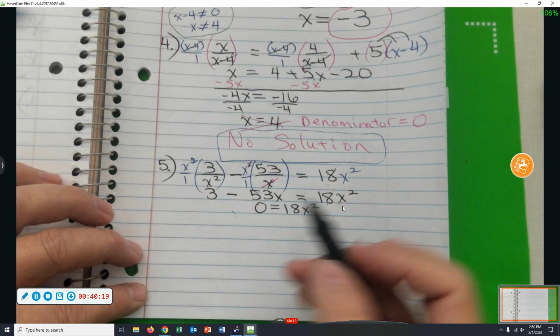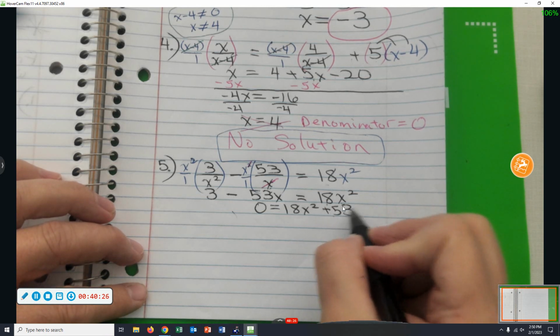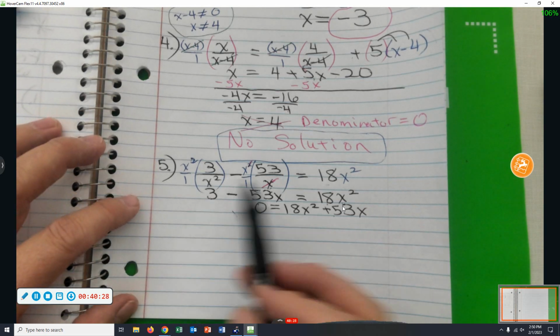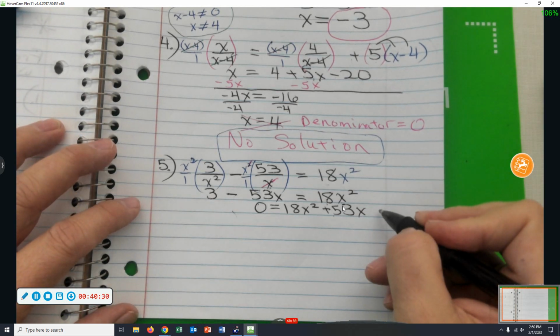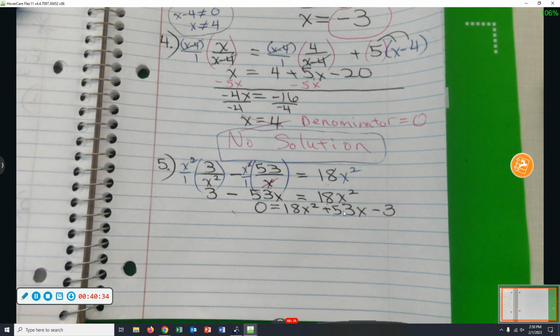That minus 53x is going to become a plus. What's going to happen when we move that 3 over? 18 times 3 is 54.